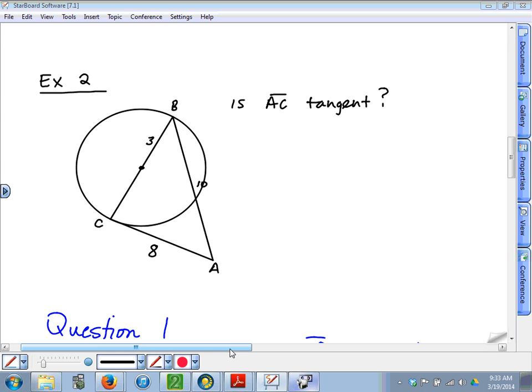That's this segment down here. Is segment AC tangent? We're going to have to use the theorem again. If we can show that angle C here is a right angle, and then using that theorem we just talked about, then yeah, it'll be a tangent line.